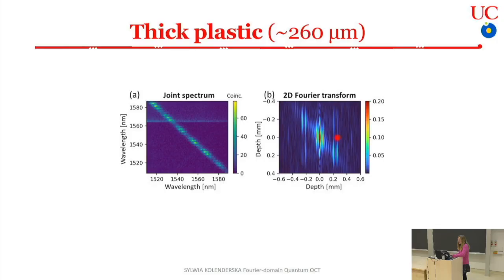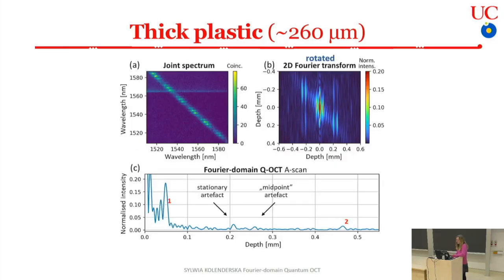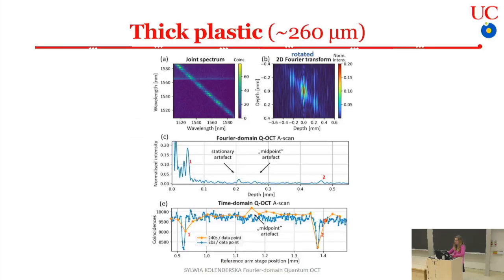We can see that because it's thicker, the artifacts moved apart a bit. Still, we can see slight traces of them. The scan that I did here was very coarse, and you can see it with the orange line, and you can see one of the artifacts that is not compensated, not reduced.